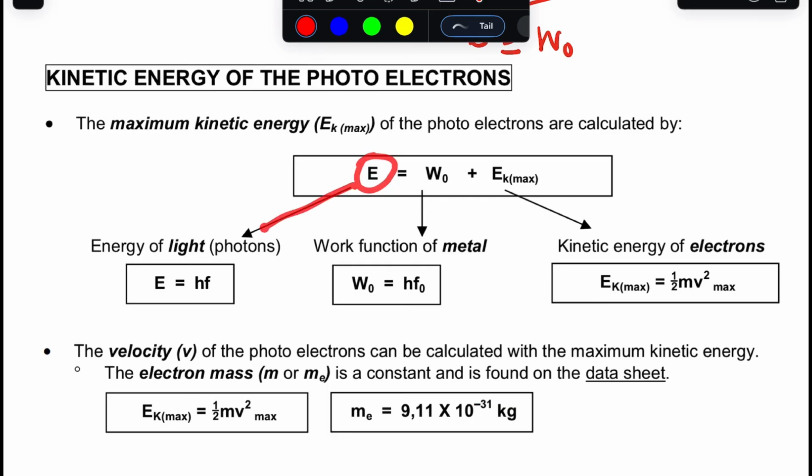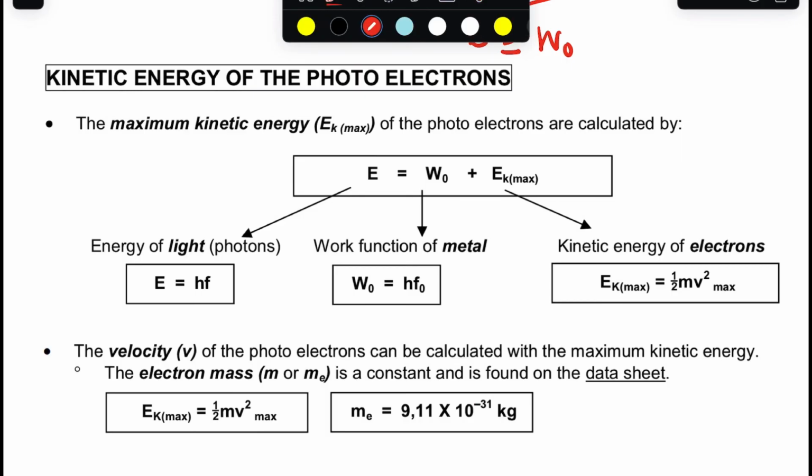The energy of light, which is the photons, is equal to hf, where h is Planck's constant, then the work function of the metal, and the kinetic energy is half mv squared, right? Very important, guys.